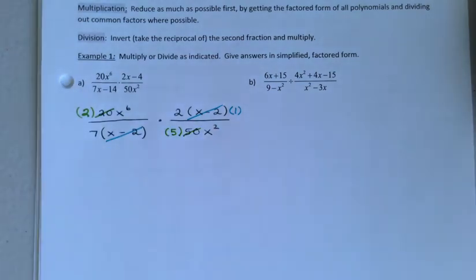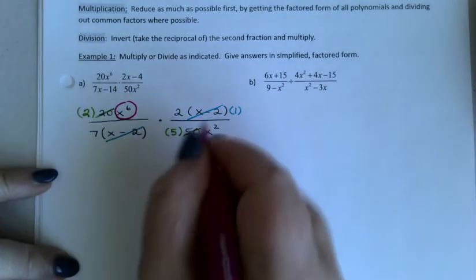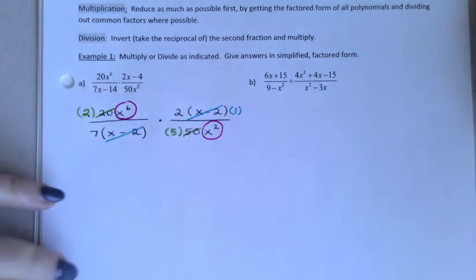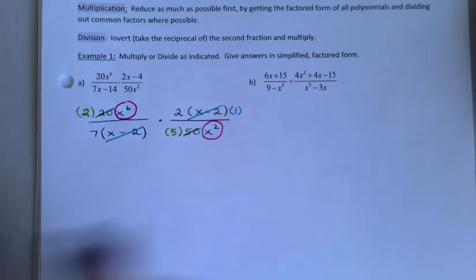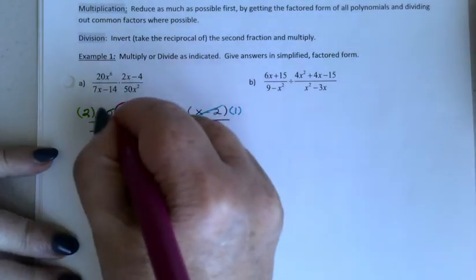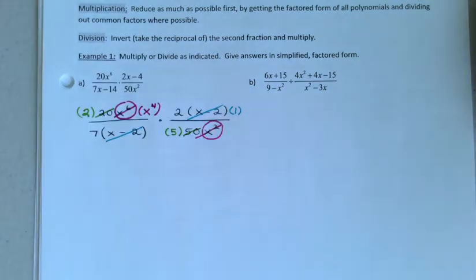One more thing I could do. The x to the 6th and the x squared, I know that to divide those, I should just subtract the exponents. So I'm going to go ahead and divide them and make that an x to the 4th. Okay. So that's that reduce as much as possible before you actually multiply things out.